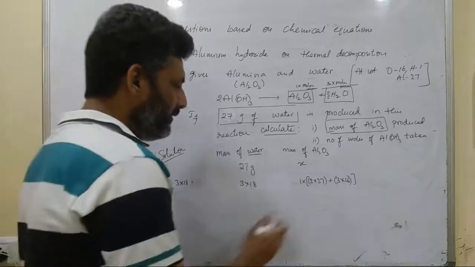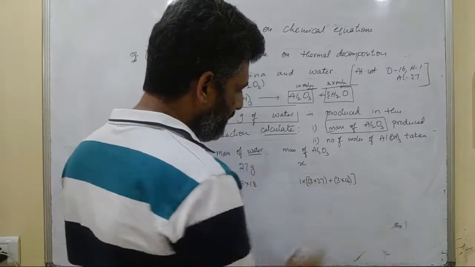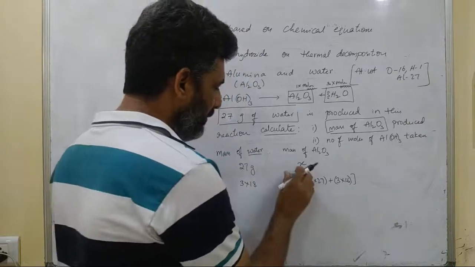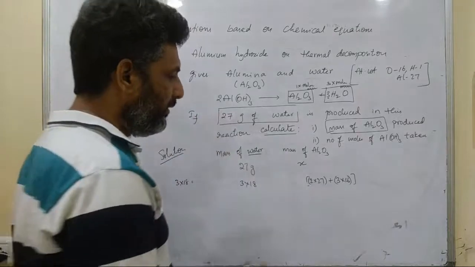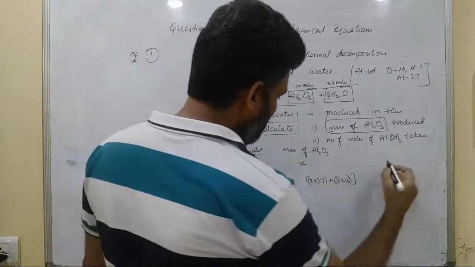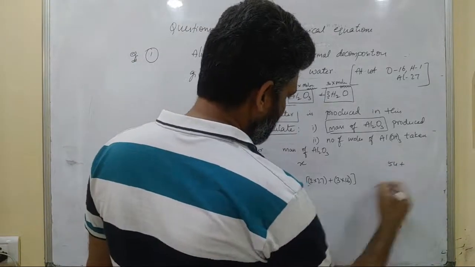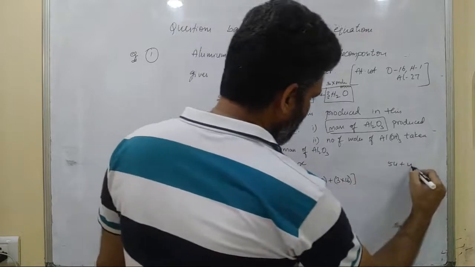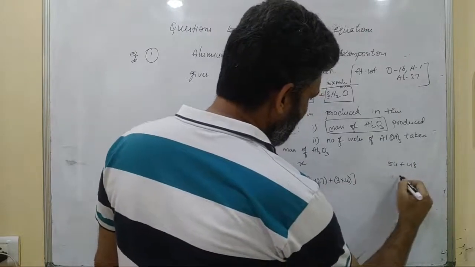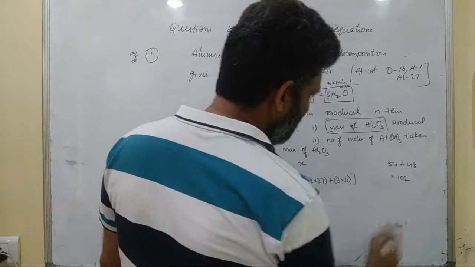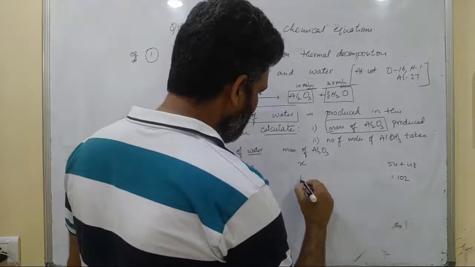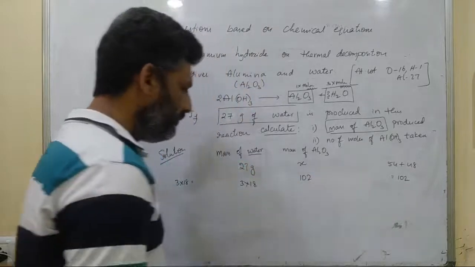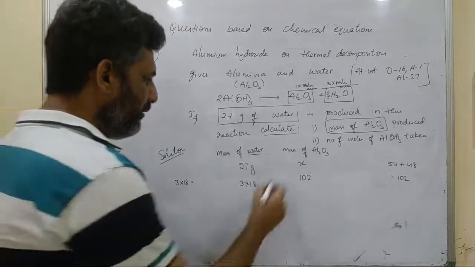Coming to this, 1 into something remains the same. So that is just 2 into 27 plus 3 into 16. 2 into 27 is 54 plus 3 into 16 is 48. So the total will be 102. Now we need to find x.